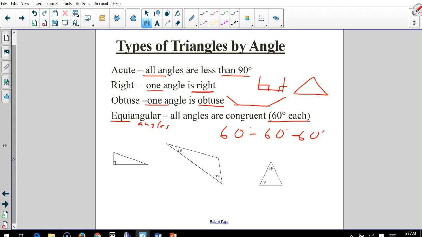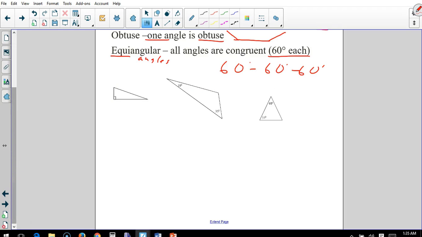So if you notice here, these pictures, obviously this is going to be a right triangle because we have the symbol right here. 35 and 18. Well, we got to figure out what this angle is. 35 and 18 is 53. 180 minus 53 is 127.